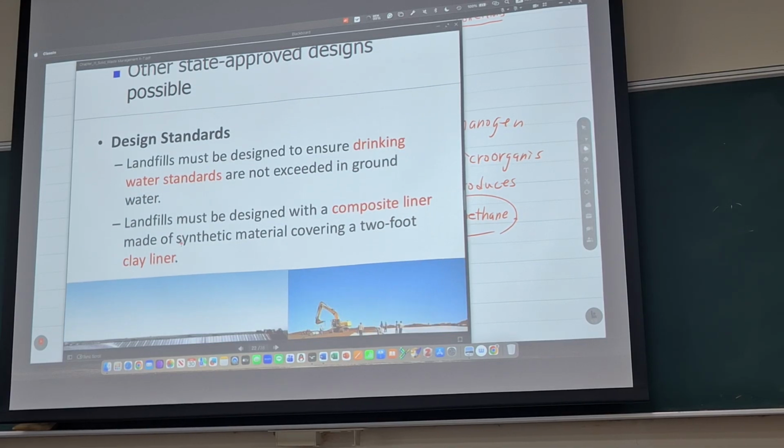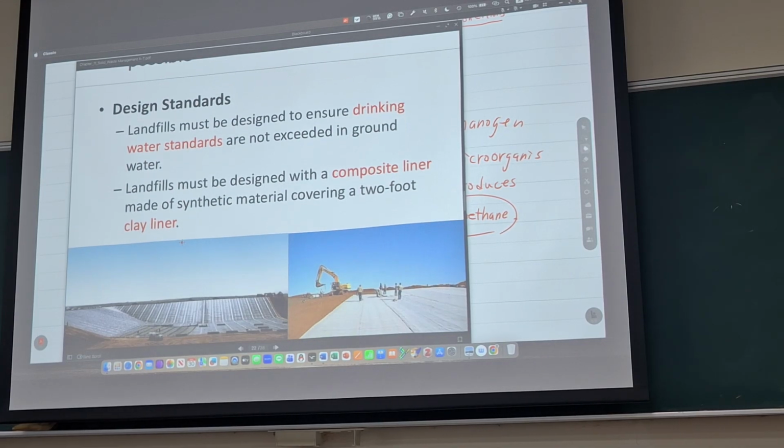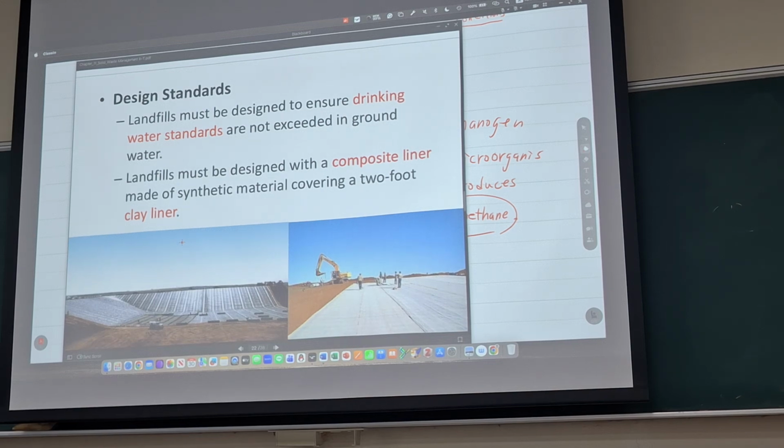And some other state-approved designs, for example the design standard: the landfill must be designed to ensure that you also meet the drinking water standard. Okay? And normally we will design with a composite liner.